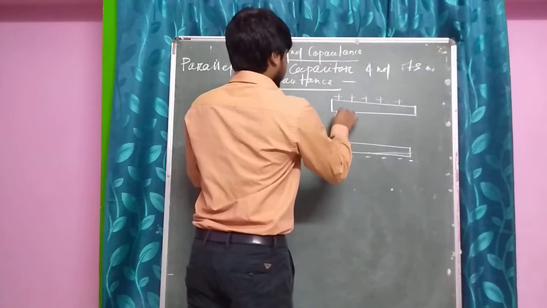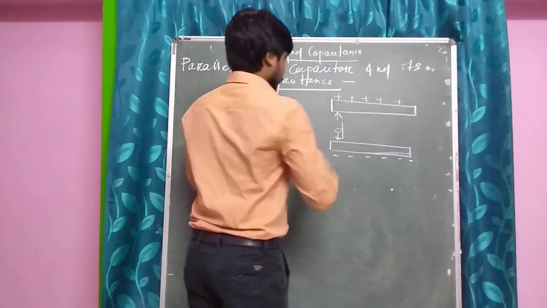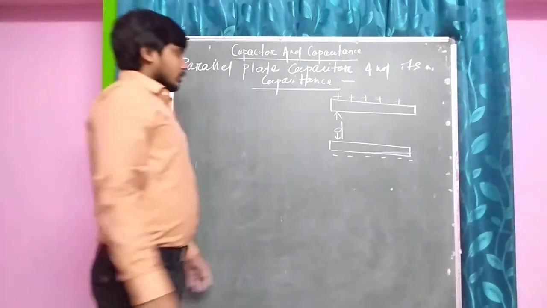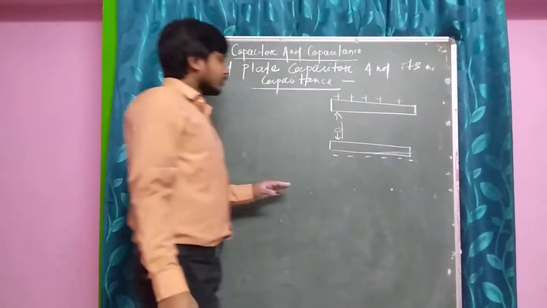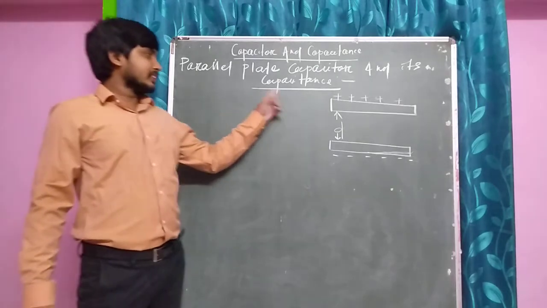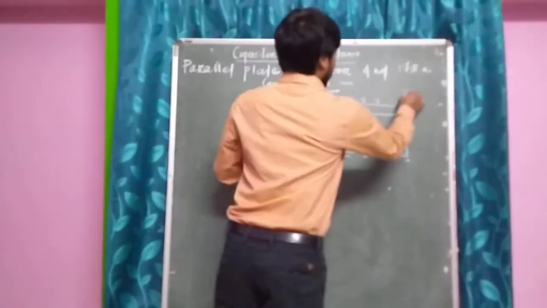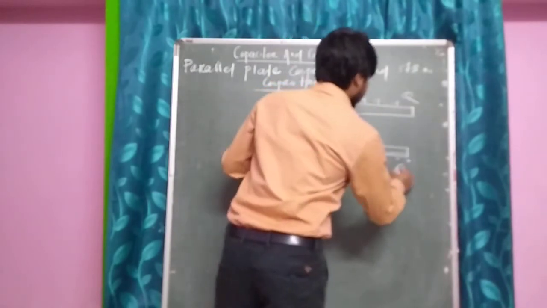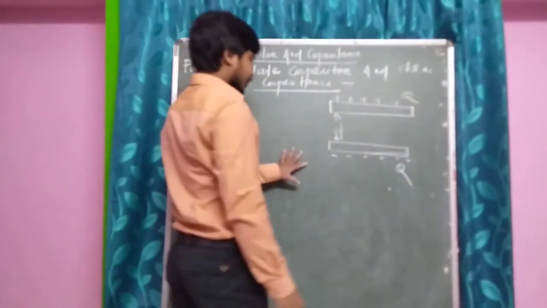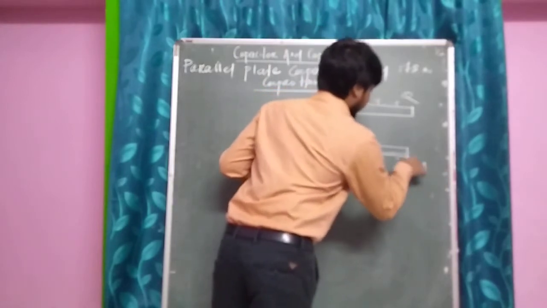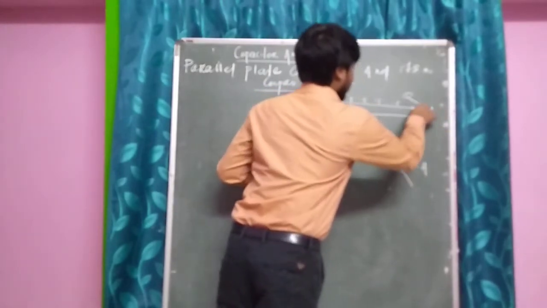Let their separation distance be d. This is a parallel plate capacitor. Now we will calculate the capacitance of a parallel plate capacitor. Let Q be the charge present on the capacitor plates and A be the area of these plates.